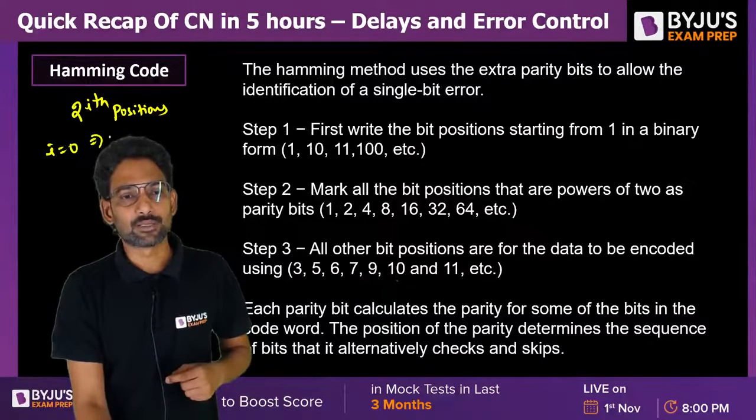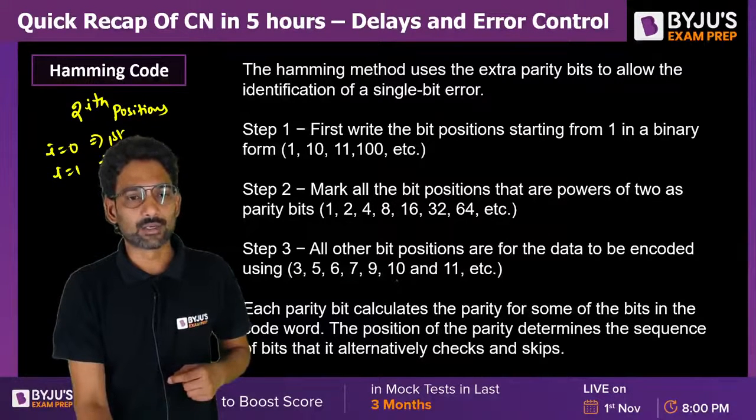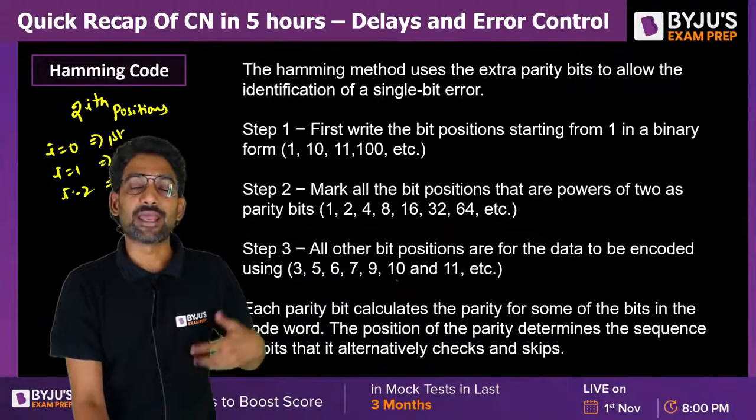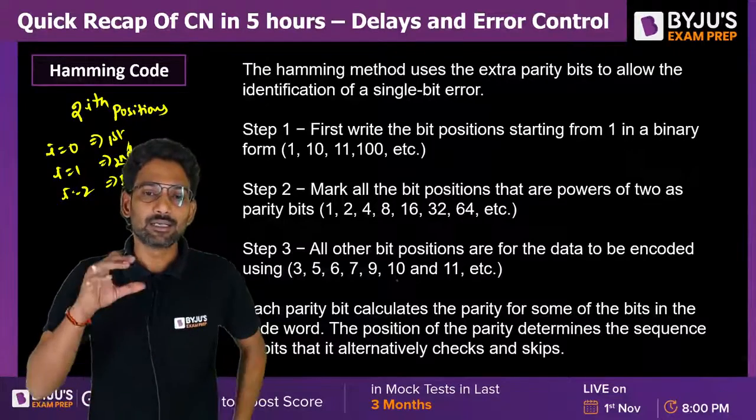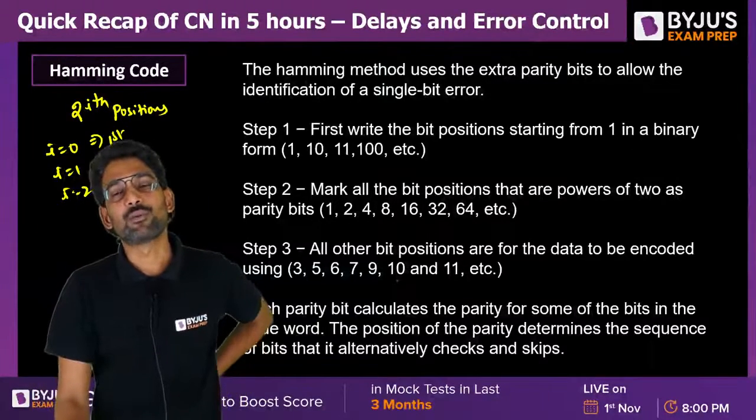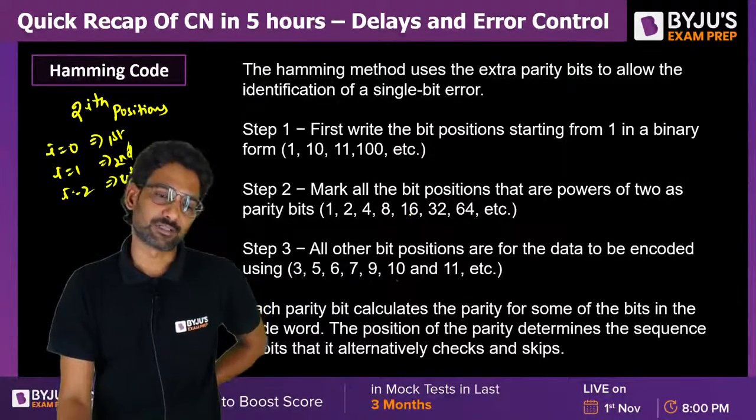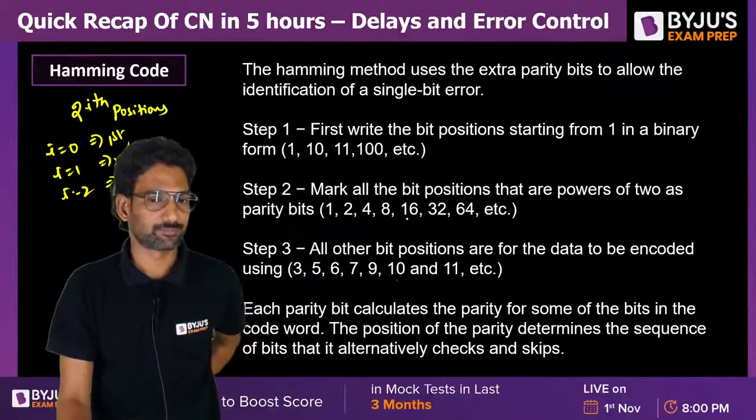That means in the first position, i is 0, second position, i is 1, fourth position, 8th position, like that in those positions it will keep the redundant bits. Okay, in that way it is different.